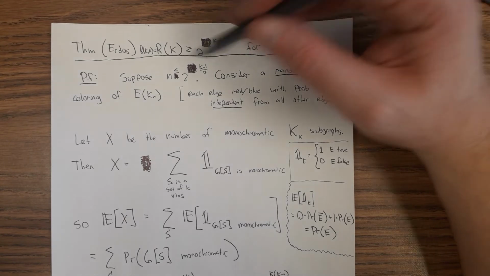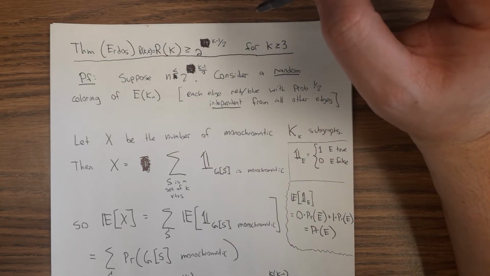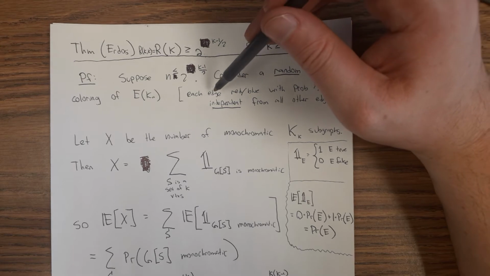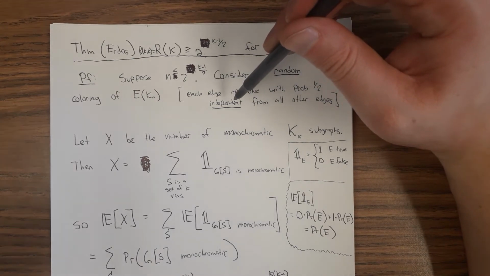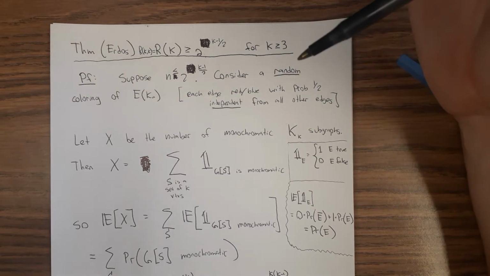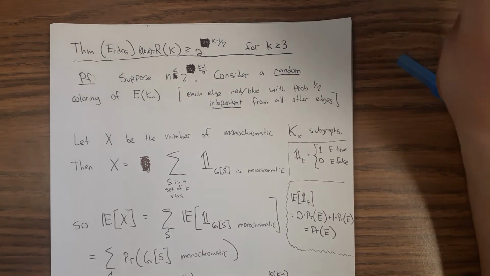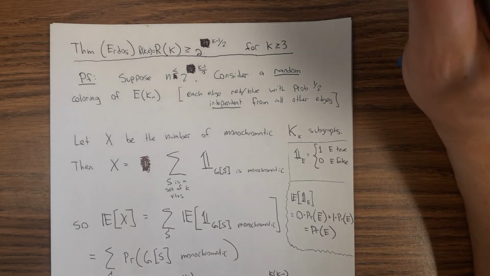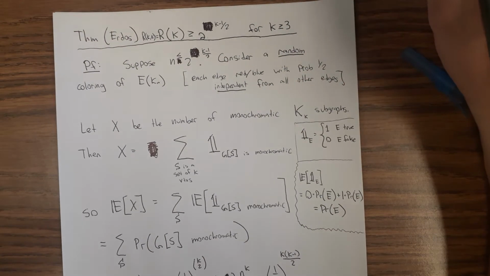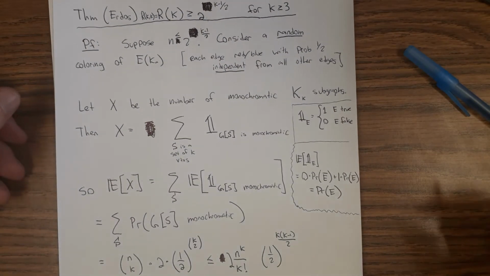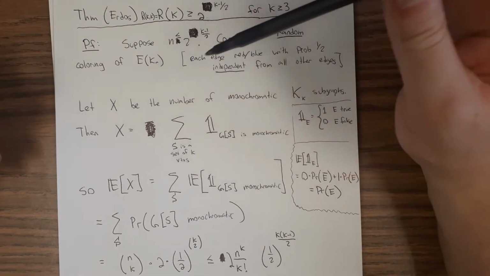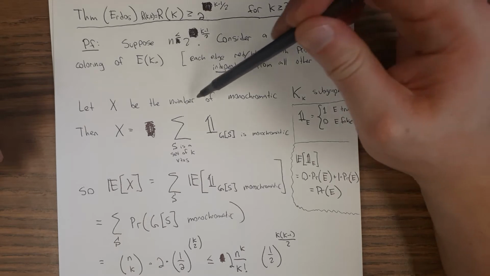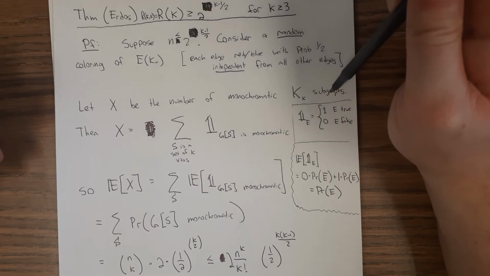And I do that by considering a random coloring. When I say random, I mean every edge is either red or blue with probability 1/2, and this is independent. So whether one edge is red or blue doesn't affect the probability that another edge is red or blue. It's still a probability of 1/2. And let the random variable x be the number of things that we don't want to see.